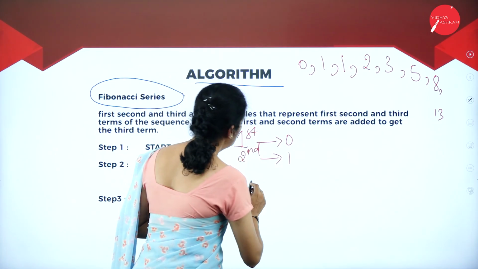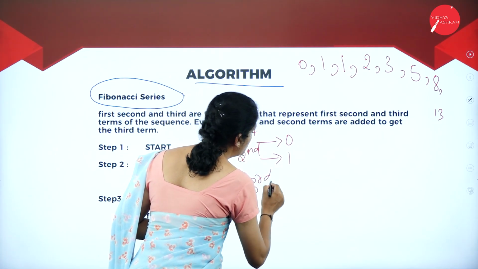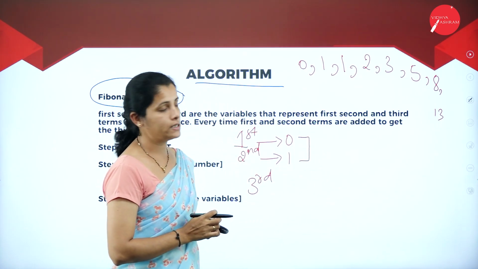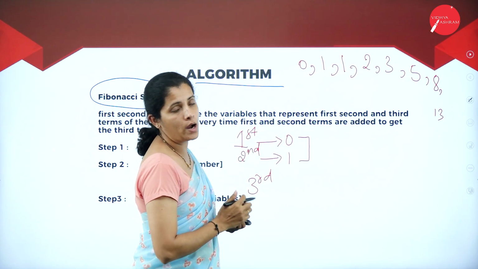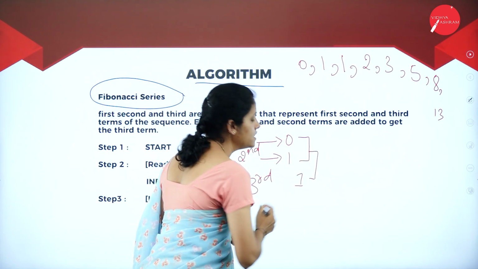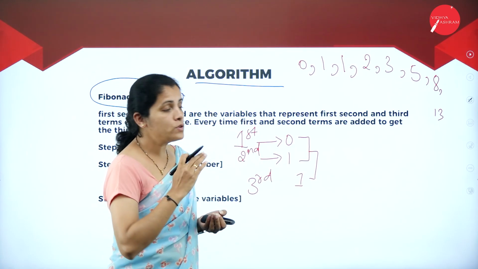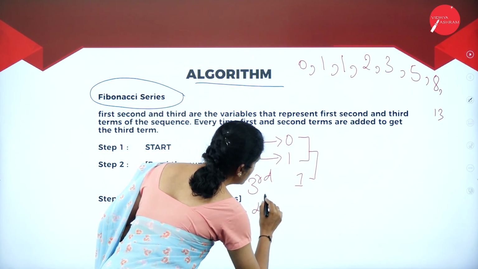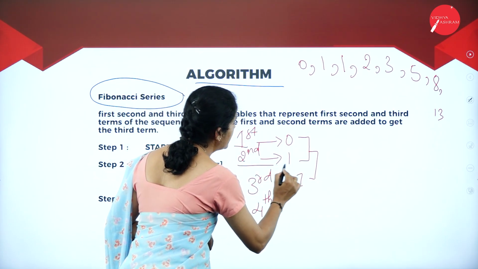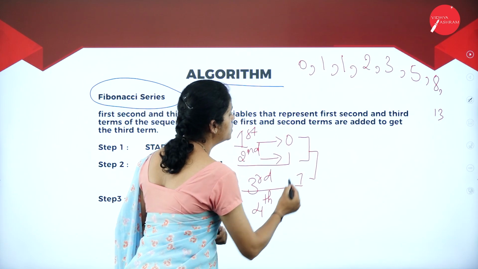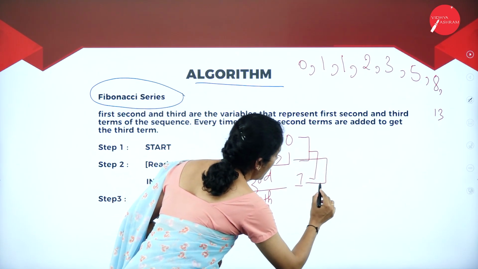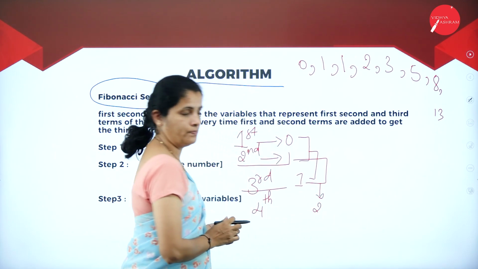That means to get my third value, I'm going to add these two numbers. That is 0 plus 1. What is the value I'm going to have? That is 1. Suppose if I want to get my fourth number, I'm going to add my second value and third value. That is 1 plus 1, I'm going to have 2.